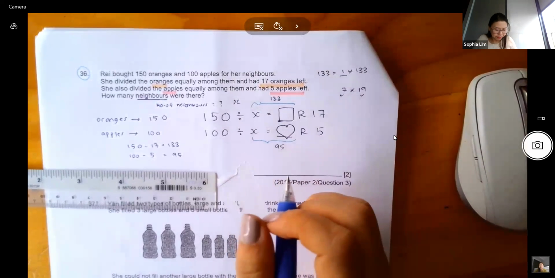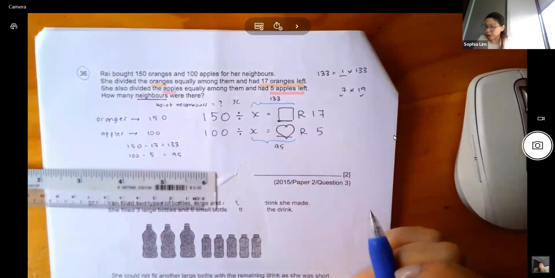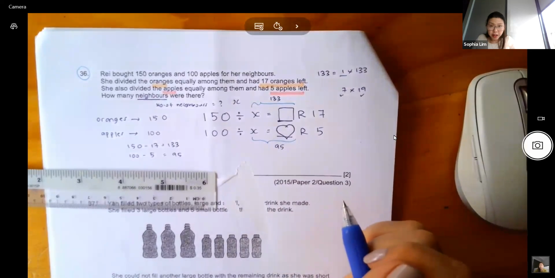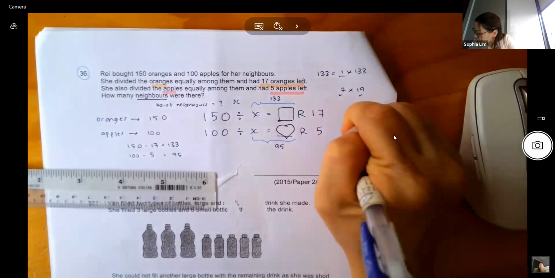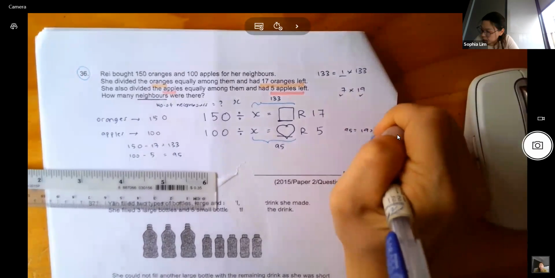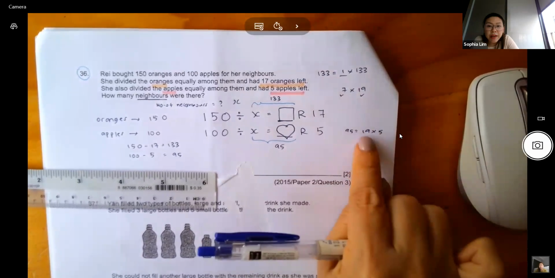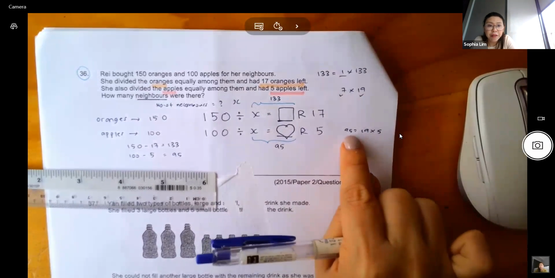So let's check. Because this is a paper 2 question, you can use a calculator and you will realize that 95 can be divided by 19 without any remainder. That means 19 and 5 give you 95.